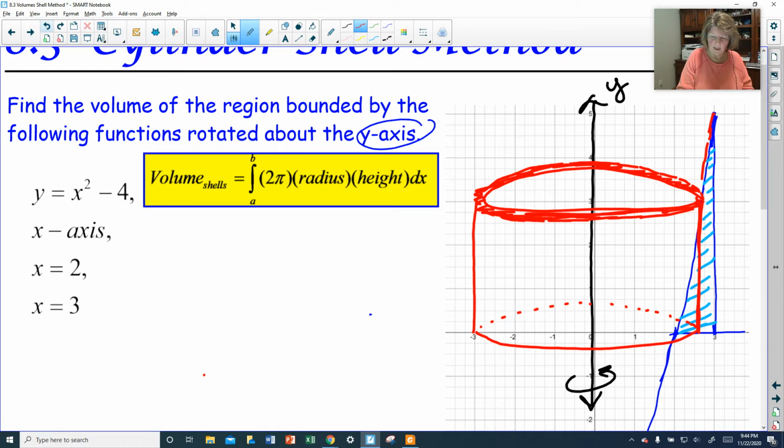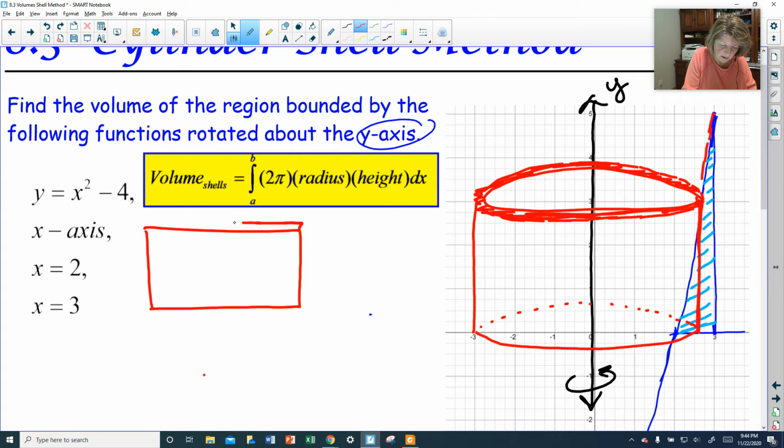So what I need then is when I unroll this shell, I get a rectangle that's just got just a little bit of thickness to it. But the thickness of this is dx, isn't it? It's got a dx thickness to it.